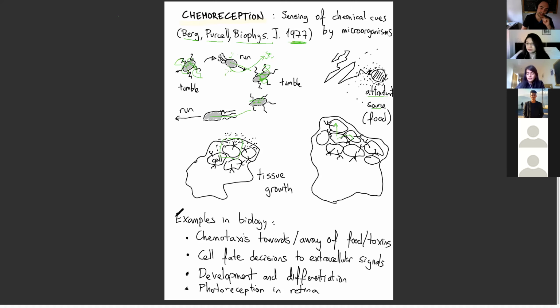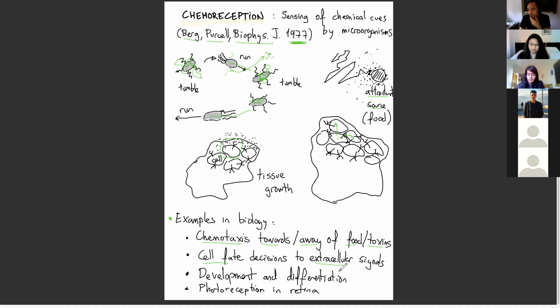So in essence, this is a very important problem. As I said, here are some examples. One is the one I was discussing before, chemotaxis, which is motion driven by chemical signals towards or away from food or toxins, for example. There could be a toxin and you want to escape from it, so it's not only chemoattractants, it's also chemorepellents. Another very important one is cell-fate decisions in response to cellular signals.